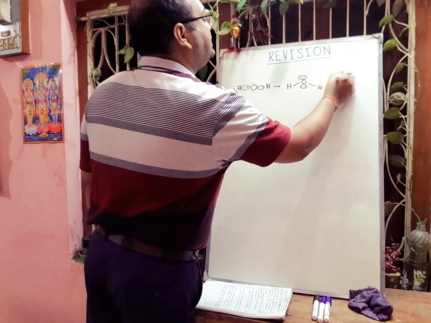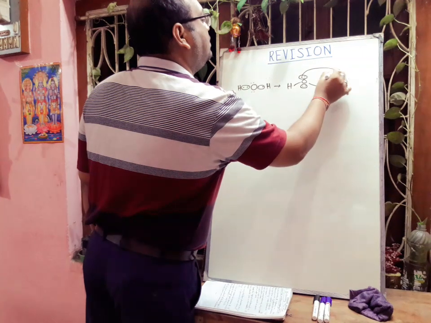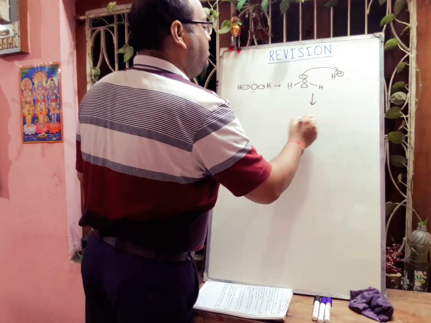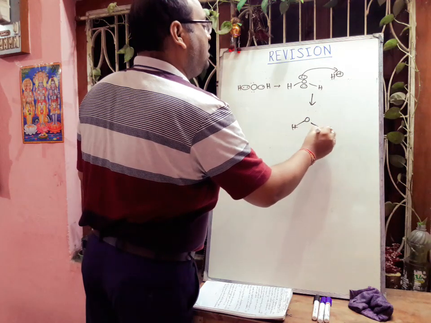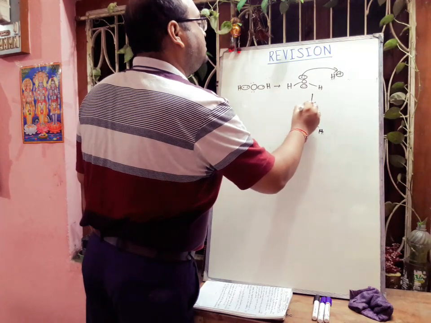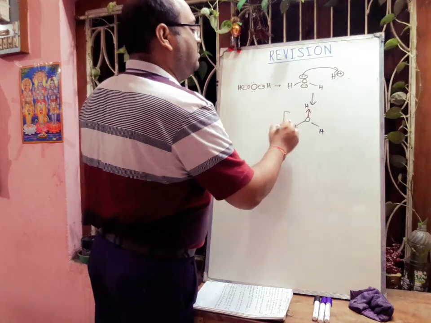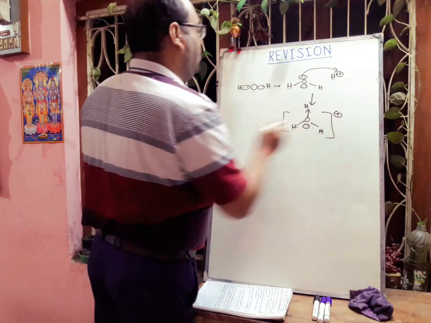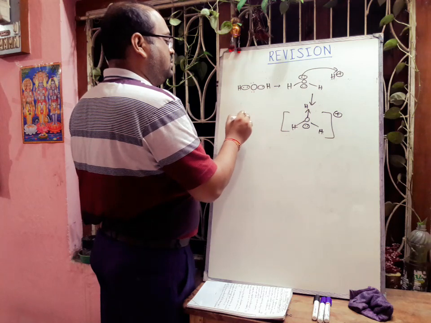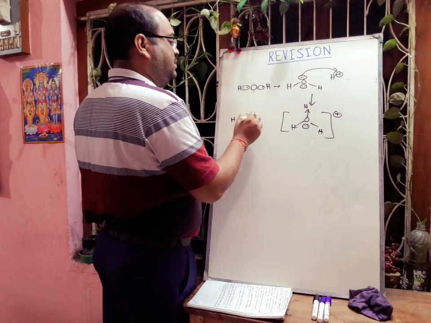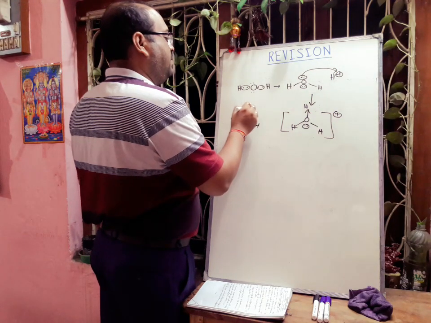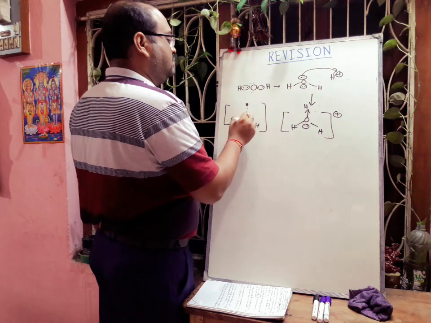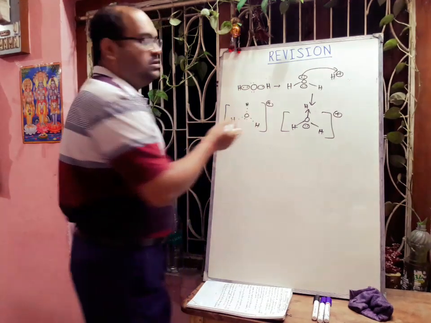Then this water will accept one proton by this lone pair. Then there will be formation of this hydronium ion. Or you can write it this way also, as the electron dot structure is given. This is also the correct structure.